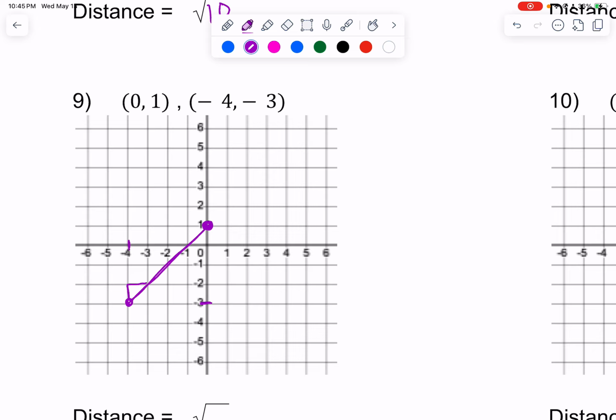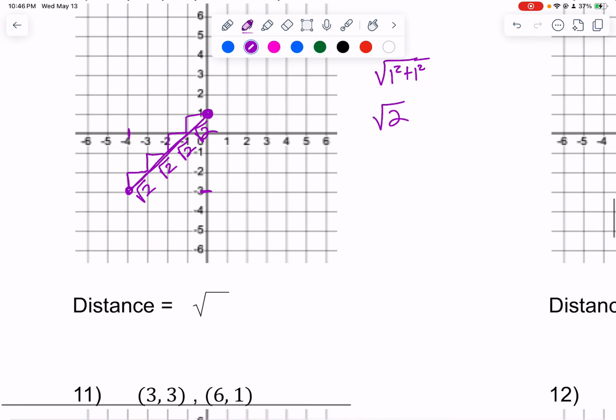So I have a 1 and 1, 1 and 1, 1 and 1, 1 and 1. I have it 4 times there. And this little triangle with a slope step of 1 and 1 is just 1 squared plus 1 squared, or square root of 2. So I have square root of 2 4 times, or 4 times the square root of 2.